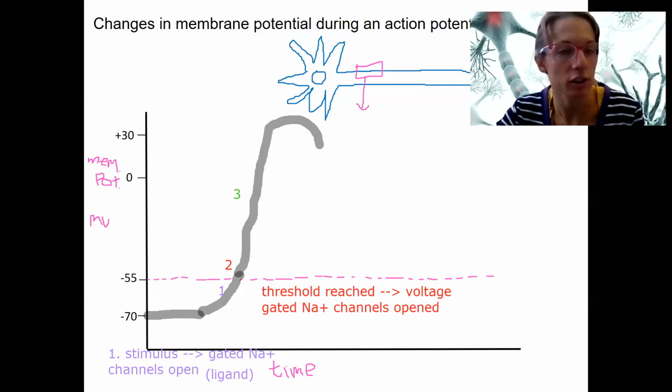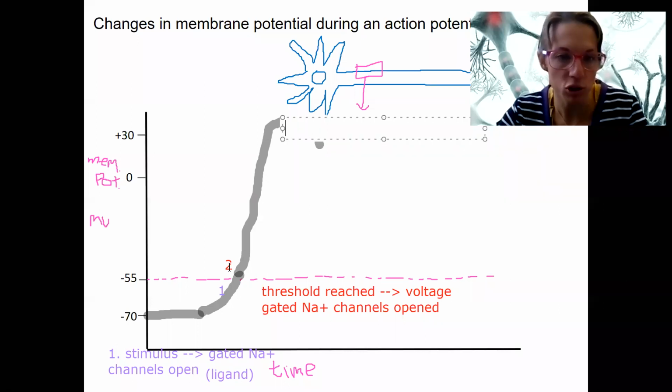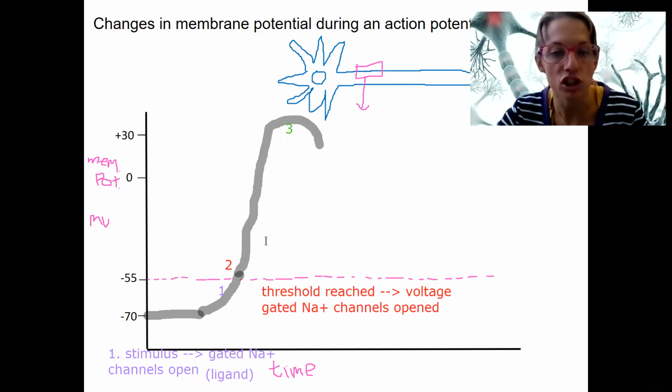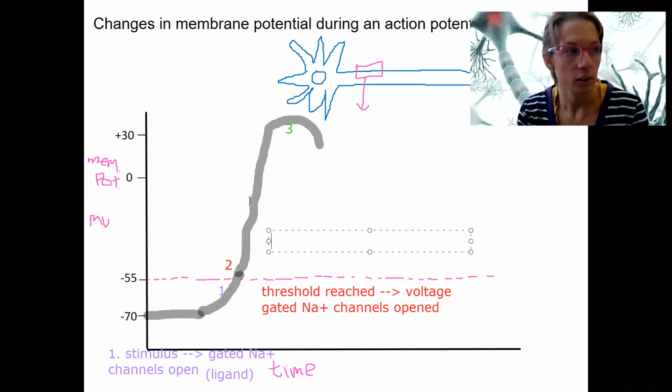So I'm going to move my 3 up to the top, because from 2 all the way up to 3, that's where those voltage gated sodium channels are open. At 3, we've got Na+ channels closing.